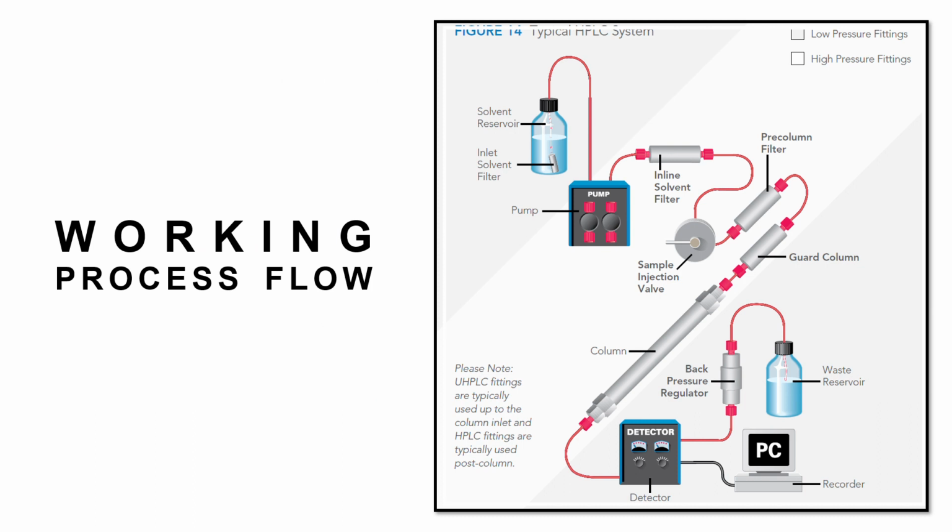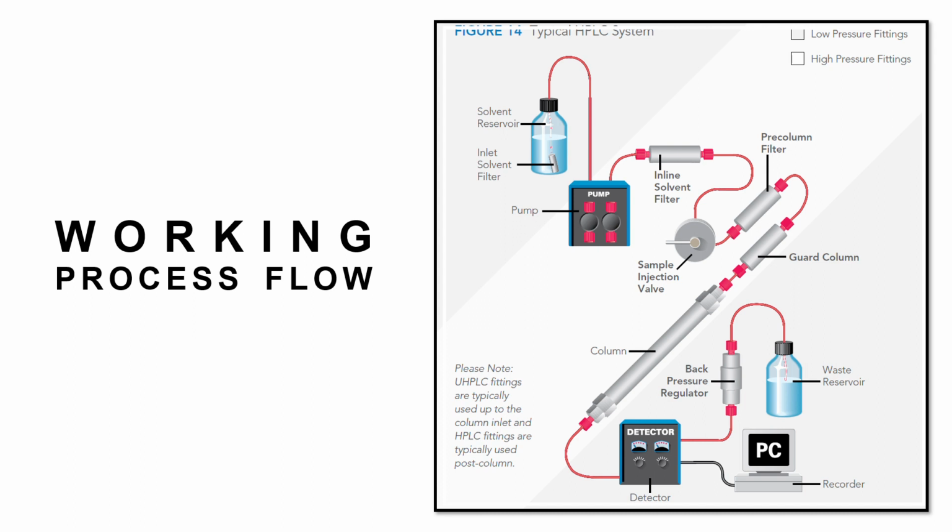Next, we will see the working and the different instruments used in HPLC analysis. The solvent used to separate the components in a liquid sample for HPLC analysis is called the mobile phase, and it is stored in a reservoir.